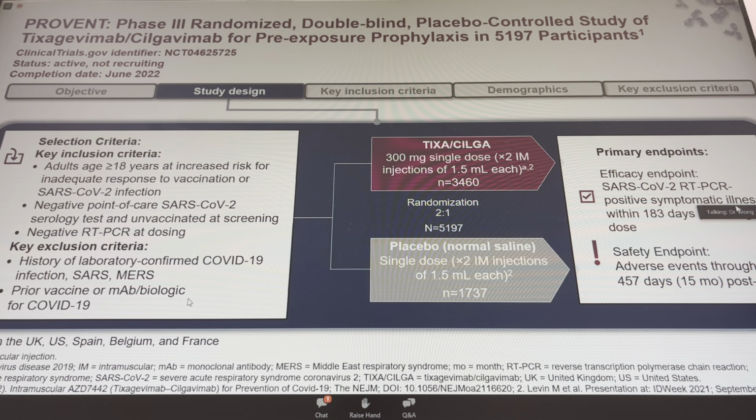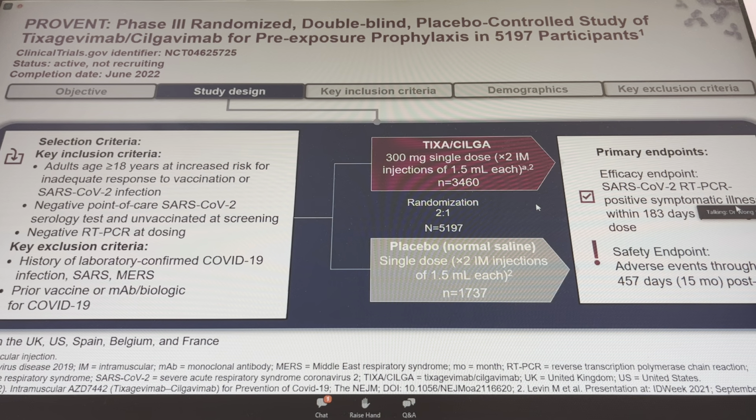In this trial, it's important that they have no prior vaccination or no prior monoclonal antibody treatment for COVID-19 infection. So it's a placebo-controlled trial.